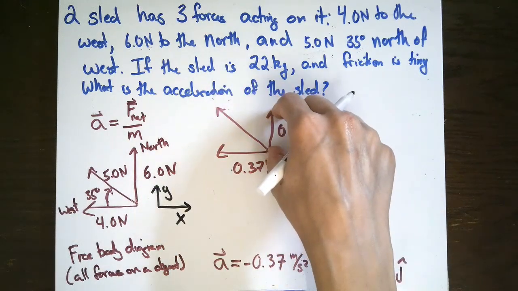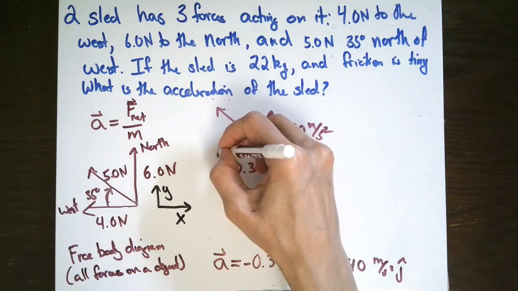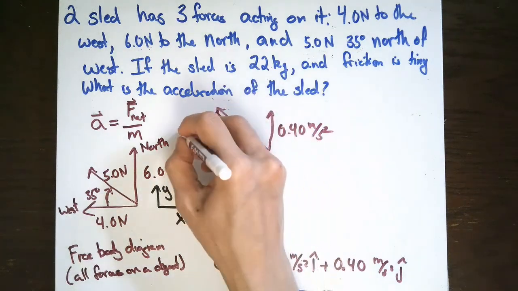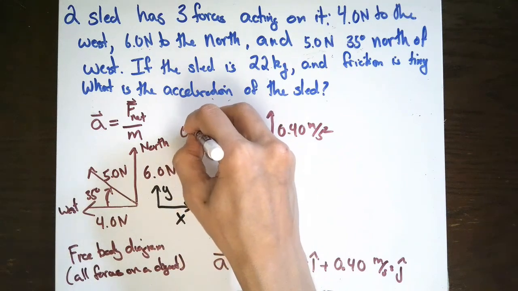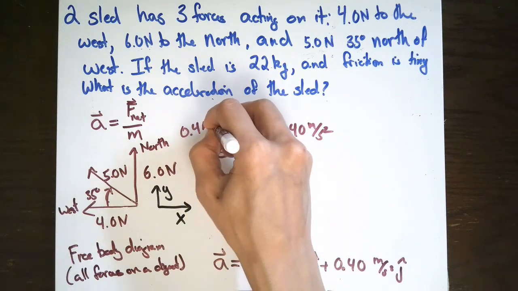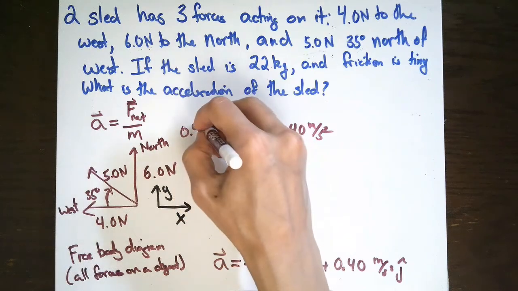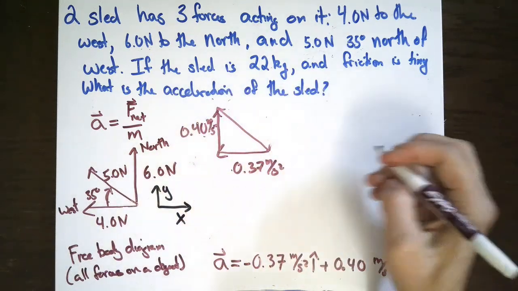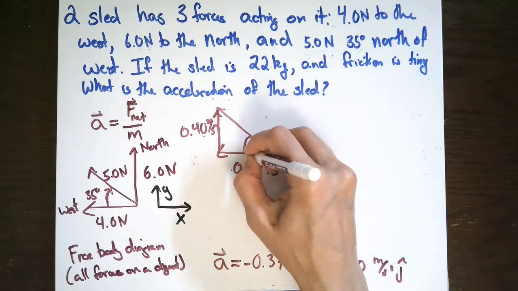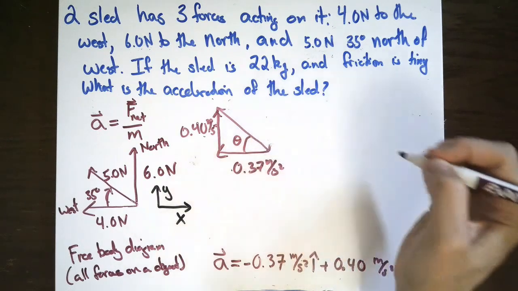So we're just going to grab this chunk, move it over here. All right. So that is 0.40 meters per second squared. Oh, a little messy on the handwriting there. All right, but then we can erase that, and we'll be looking for this angle here and the hypotenuse.